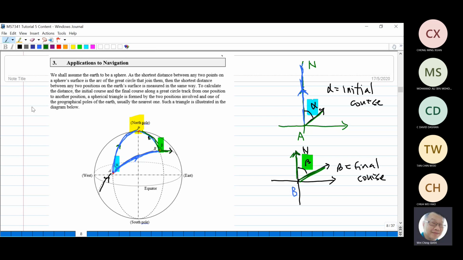So let me shift this a bit on my screen here. Okay, let's look at more information about this one.